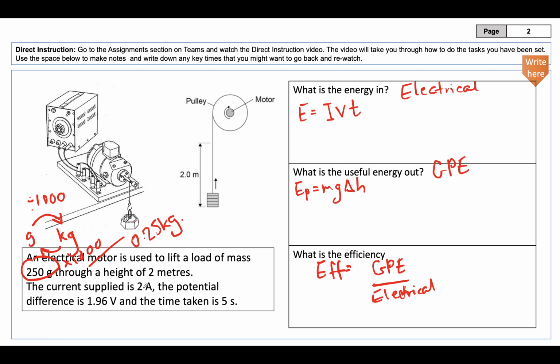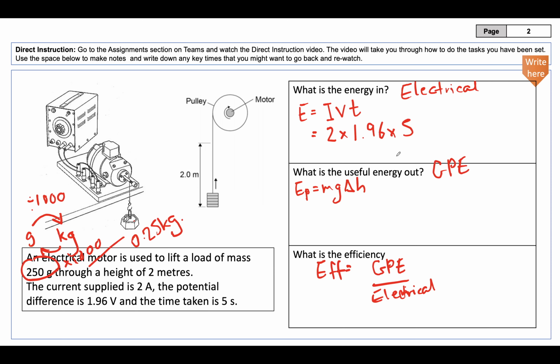We have a current of 2 amps supplied, we have a potential difference, and we have a time taken. So let's do this first box first. So our current was 2 amps. And we multiply that by the potential difference, which is 1.96. And then we'll multiply that by 5 to give us 5 seconds.